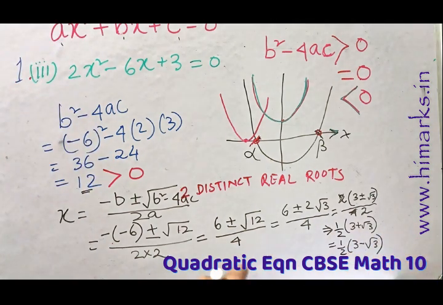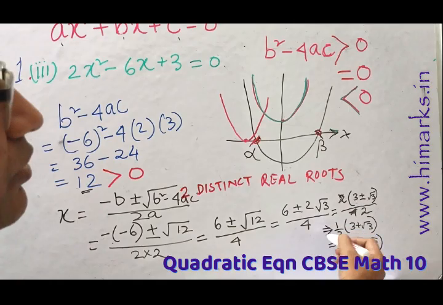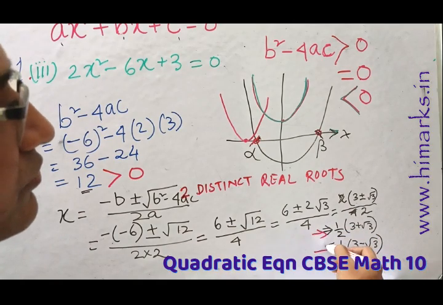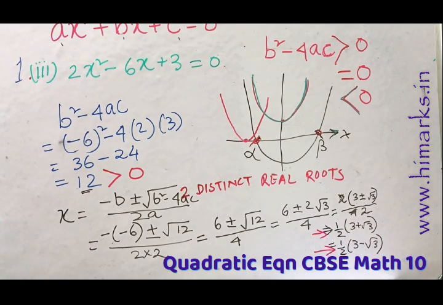Okay, so these are the two answers. This is one and this is another one. Half into 3 plus root 3, another is half into 3 minus root 3. Okay, so this is the way you have to solve it. You have to put in the values carefully and do the calculation.